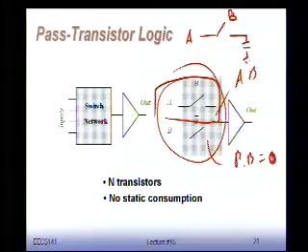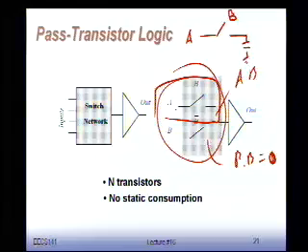Also, this is clearly not static logic. Remember static logic? Always a path to VDD or ground at any point in time. So this would be becoming dynamic logic, which we're going to talk about later. So what this B B bar does, it says when B is high, then obviously we get A at the output, which could be a 0, could be a 1. That's cool. The output is always defined. Now what's happening when B is low?